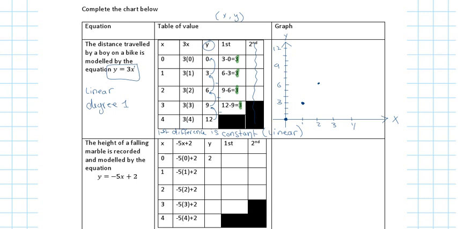Then 3, 9, and 4, 12. Okay? And then if you join all these points together, you're going to see that they form a nice line. So from the graph, I can tell that it's linear because it's a straight line.